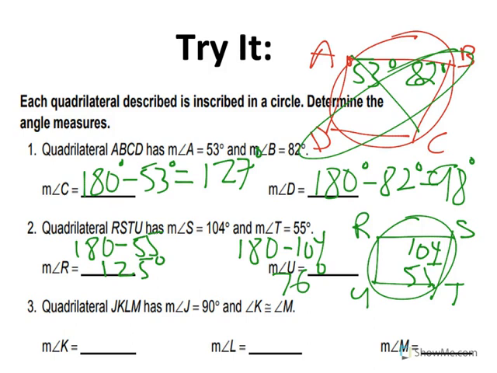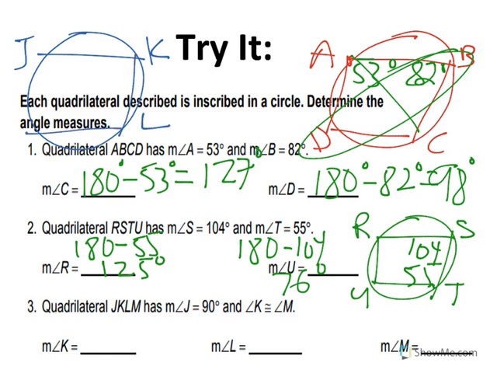Right? So let me do 3 up here. So we're given J, K, L, and M. And we're given that J is 90 degrees, and angle K and angle M are congruent.